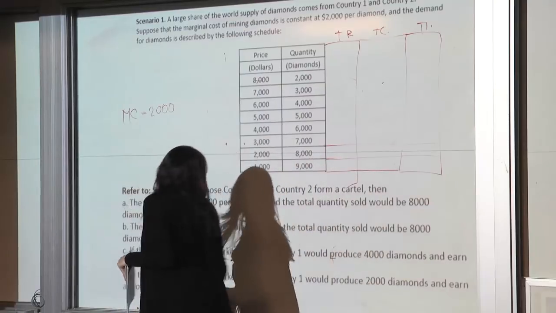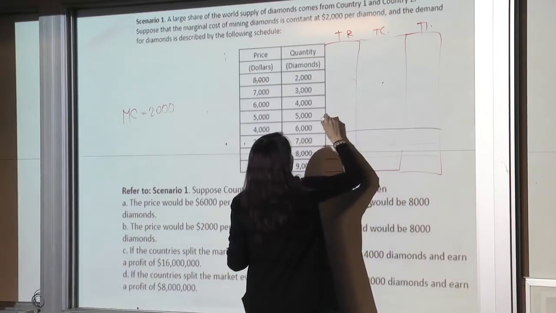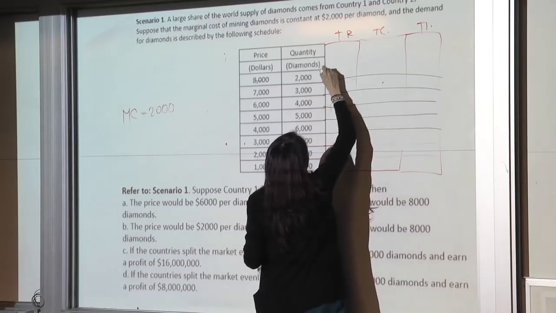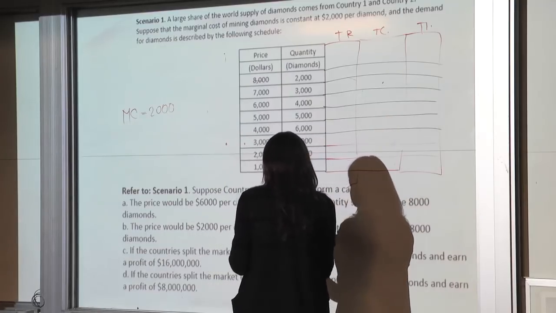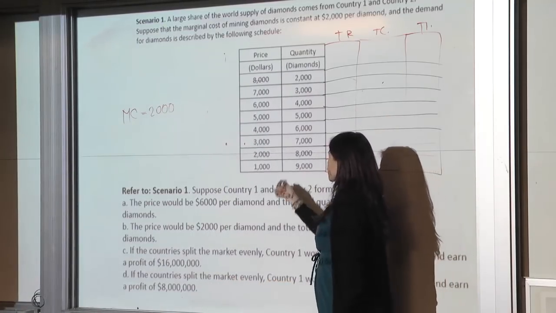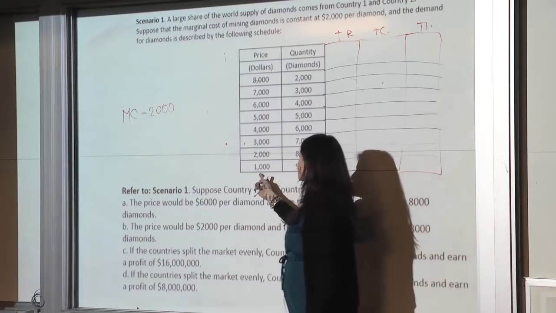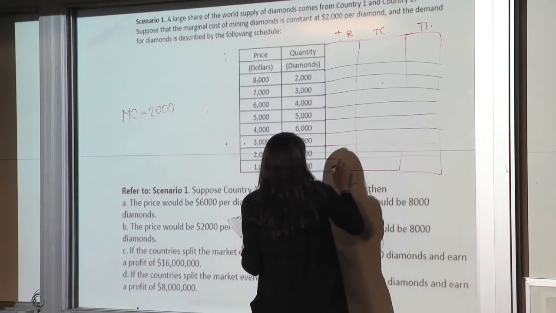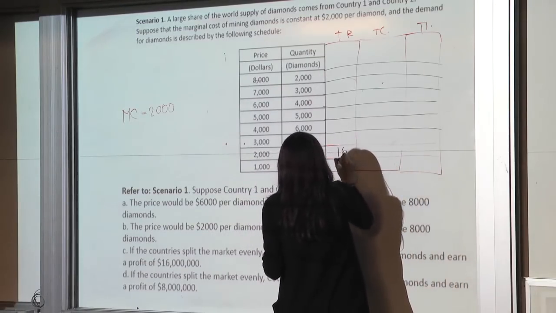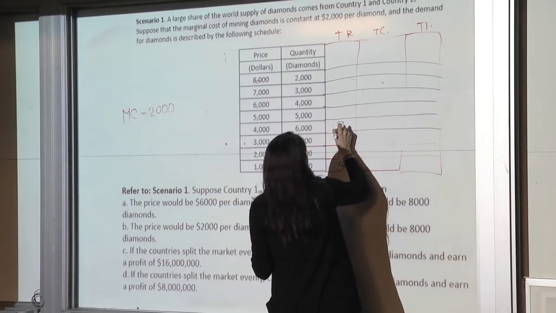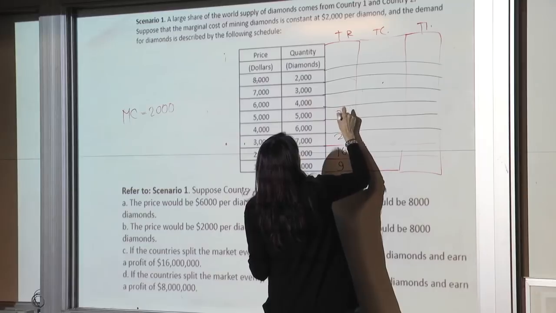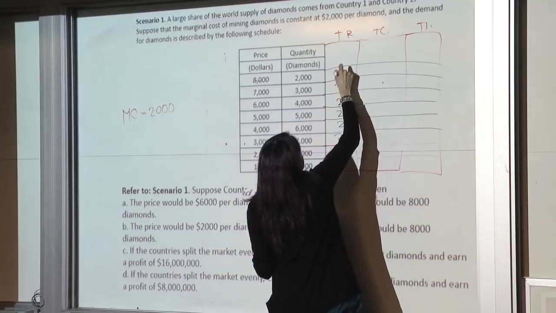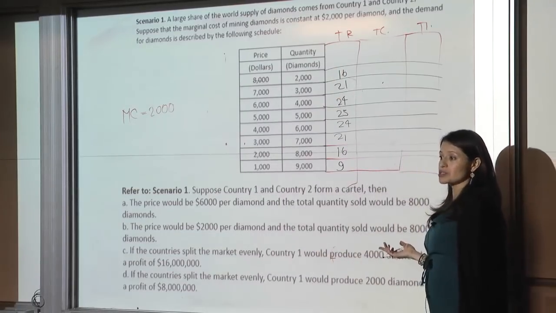Oh, let's do it in black so you guys can see. Okay, so here, total revenue is this one times this one, okay? I'm going to remove the thousands and just put one number here to make it easier. So it's going to be 9,000, 16,000 here, 21,000, 24,000, 25,000, 24,000, 21,000, and 16,000, okay?